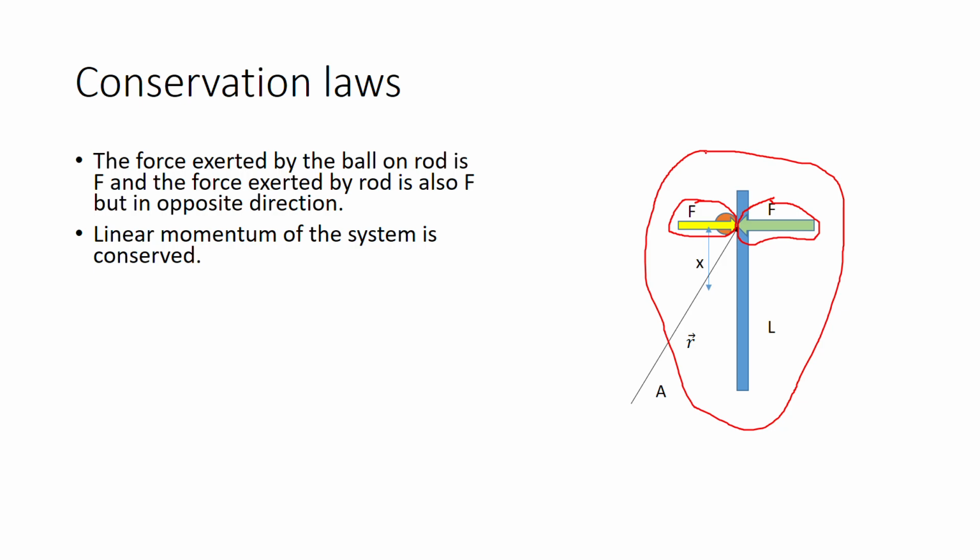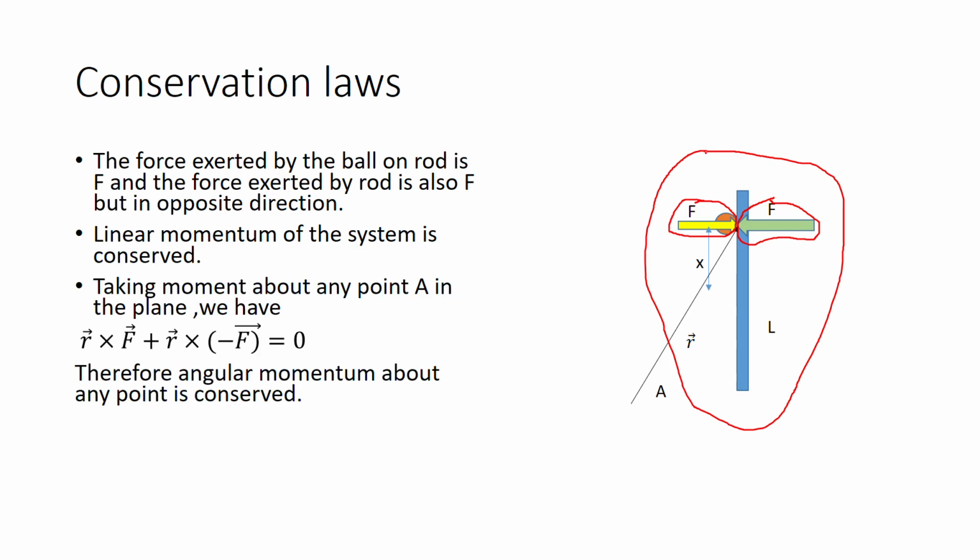Now considering the angular momentum part, suppose this is our point A, and we are taking the torque of this yellow force, then it is r cross F, where this is the position vector r. Similarly, for the green force, which is exerted by the rod on the mass m, it is r cross minus F. When we sum these two, r cross F and r cross minus F, their resultant will be 0.